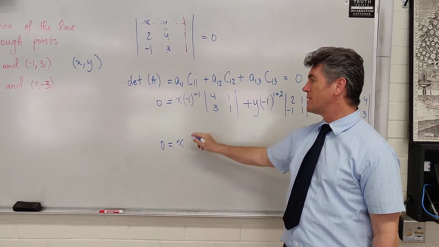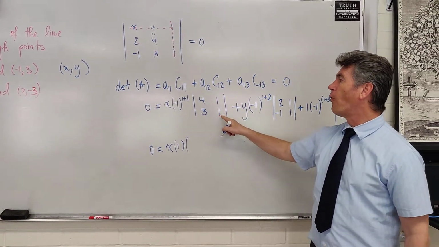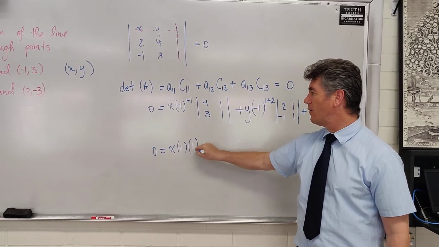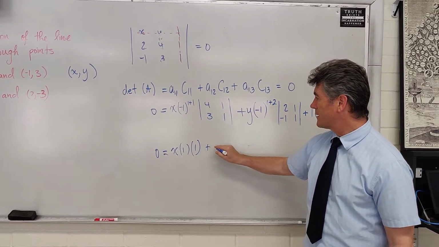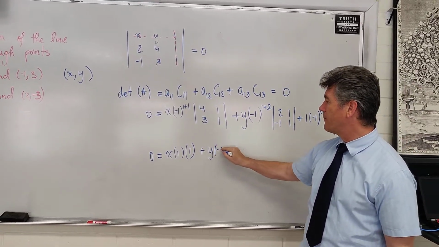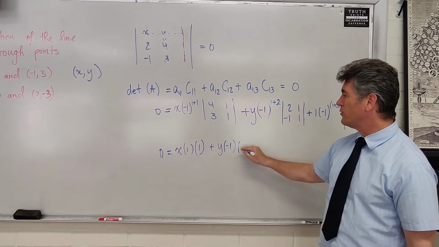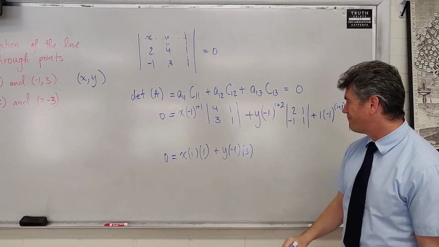Negative 1 raised to the second power is 1, times 4 minus 3 is 1, plus y. Negative 1 raised to the third power is negative 1. 2 minus a negative 1 is equal to 3.